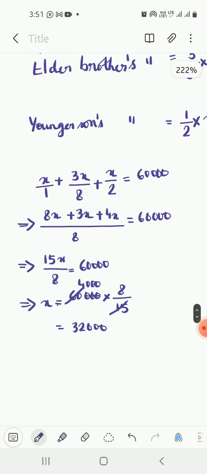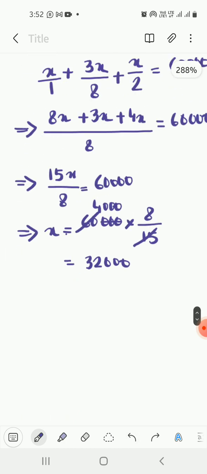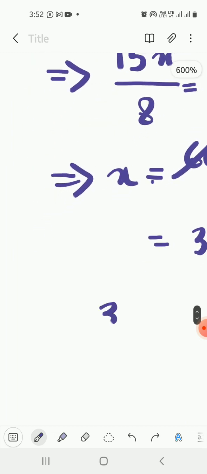Now we have to find out the elder brother's contribution, which was 3 by 8x, 3x by 8. So 3x by 8, this was the elder son.